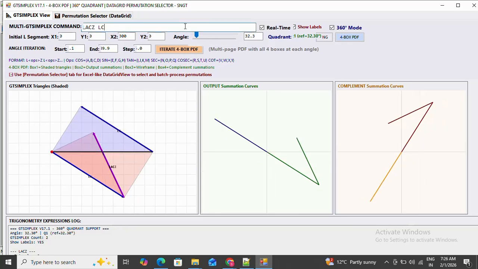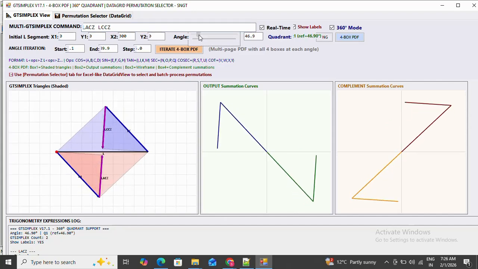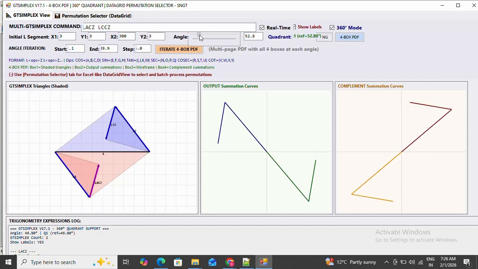In this way LCDZ, LCCZ, and here we can see that LCCZ has a specific property: LCCZ and LACZ both are collinear and also overlapping for certain values of the theta, and sometimes they get detached, but they always remain collinear.